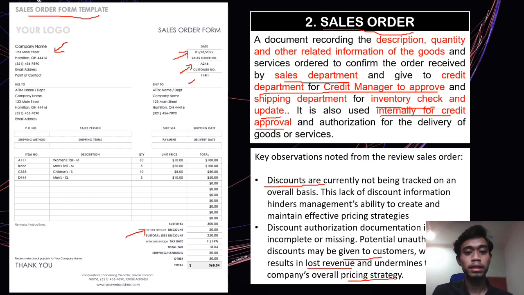The customer number, for example, is from our records. For an existing customer, they already have a customer number, maybe 101, depending on the company. Okay, alright. On the bottom part of the company information we have the bill to and the ship to address. So these two are different.